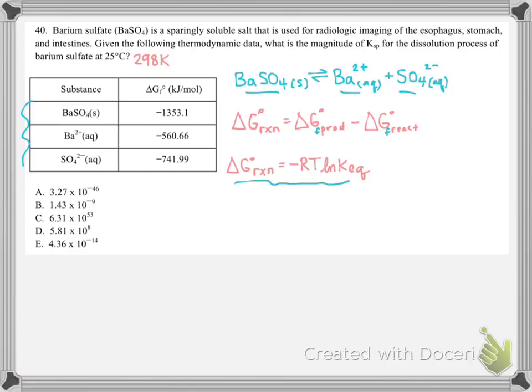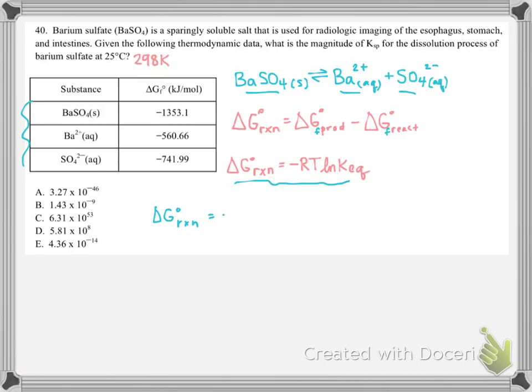And you can do this for delta G, you can do it for delta H, and for delta S. Okay, so we can just go ahead and set this up, where we'll have our overall change in delta G, or in free energy, equal to the value for the barium ions plus that for the sulfate ions.